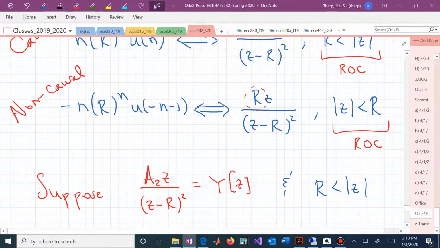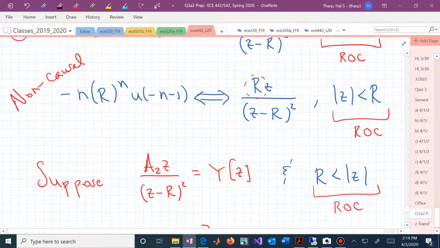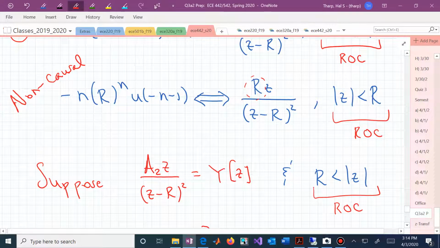Suppose that you solved for or found an a sub 2 doing a partial fraction expansion, and that was your Y of z, and now somebody says, there's your capital Y of z, and here's your region of convergence. What does that tell you? Well, this says that you're dealing with a causal sequence.